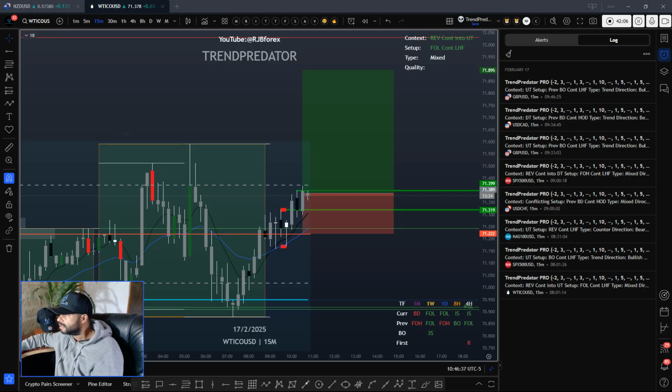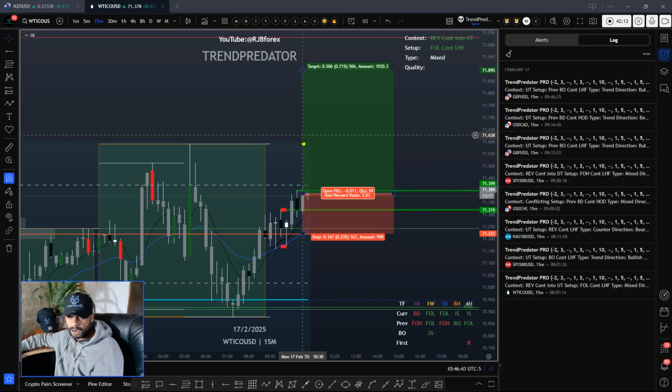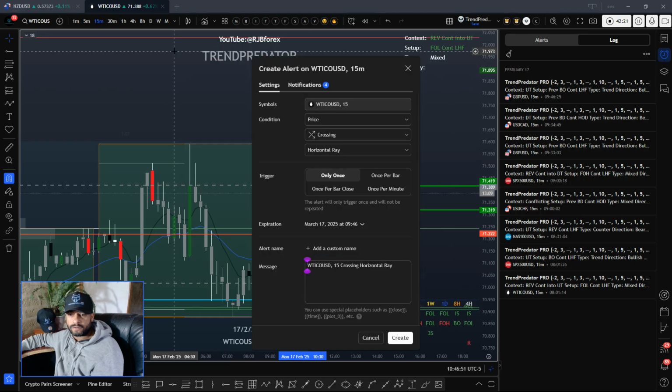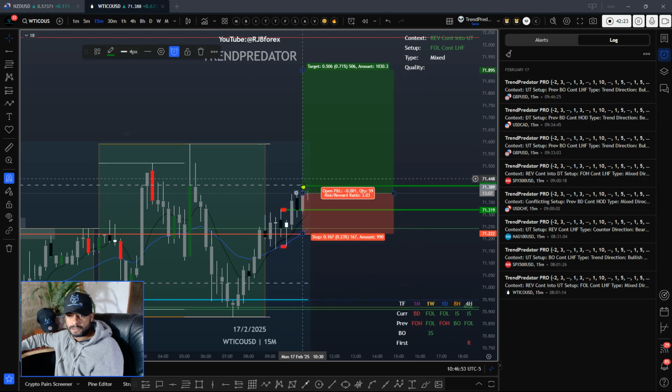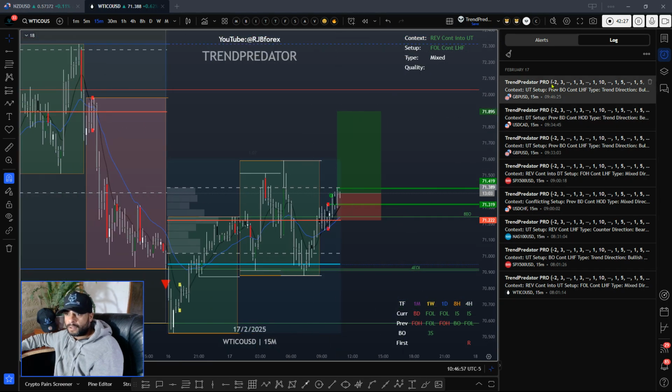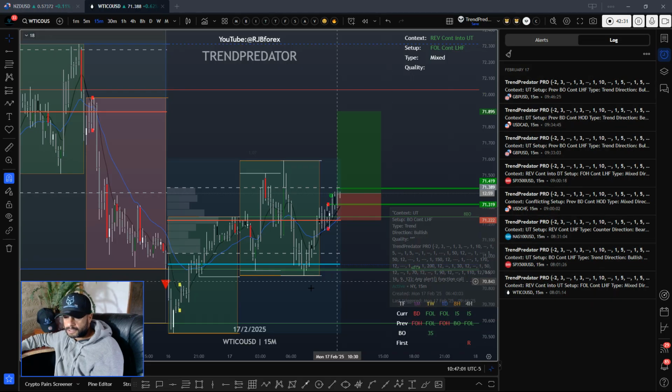Sterling, by the looks of things, dollar Swiss. Alarm on that for continuation setup. Let's have a look at oil. We can look at the S&P, see what's going on with that.